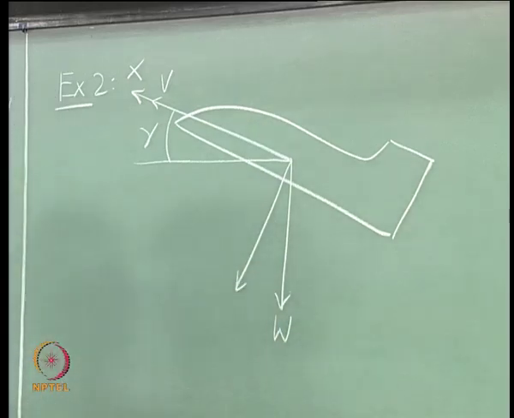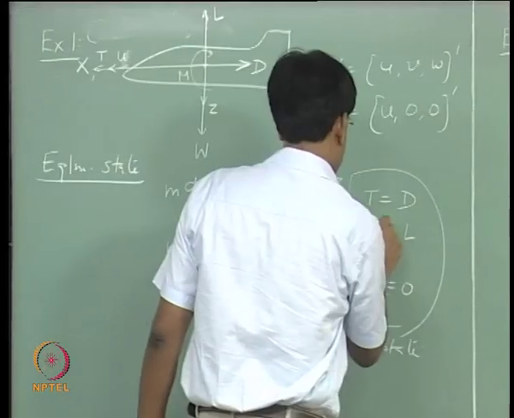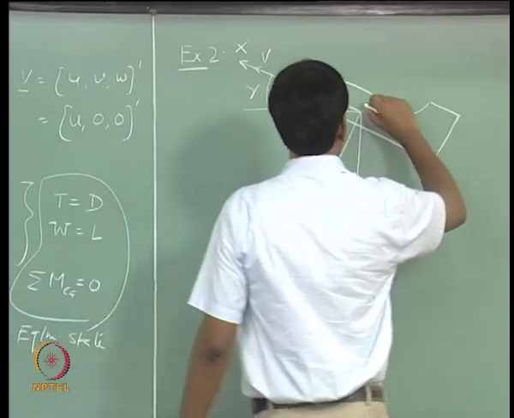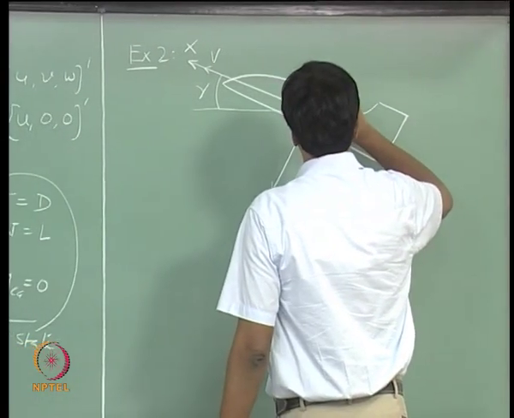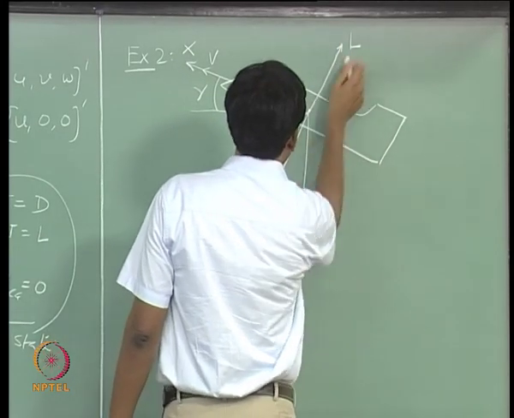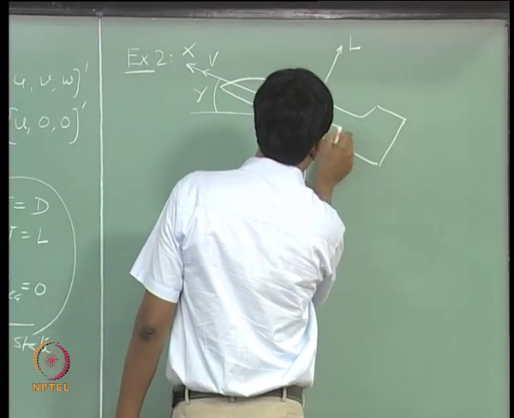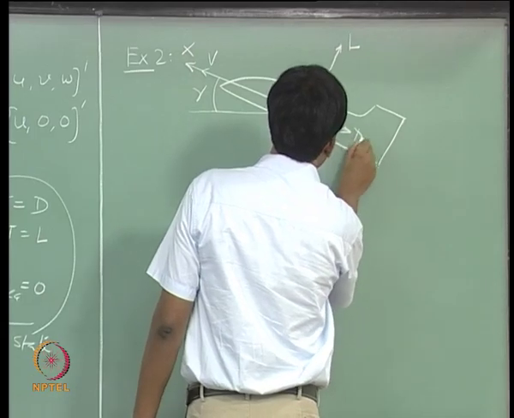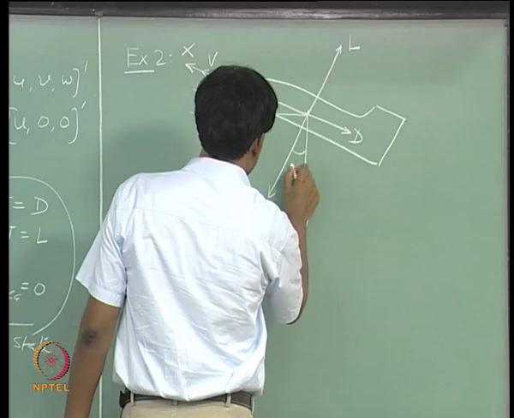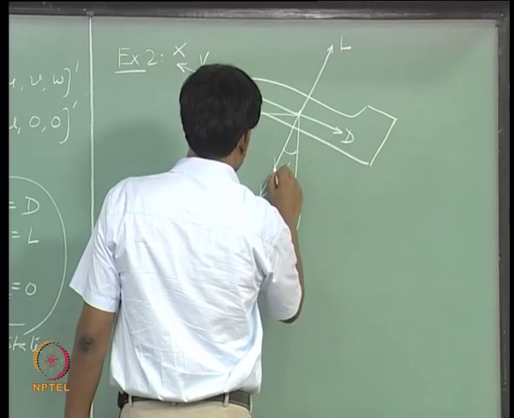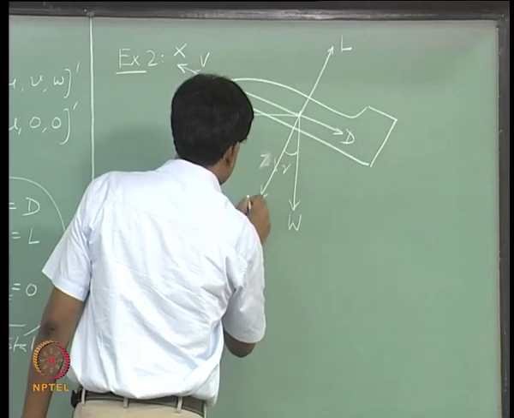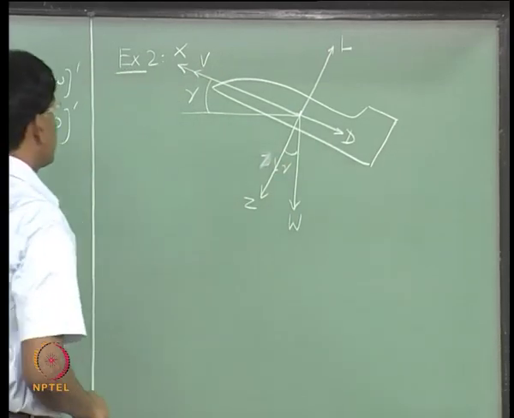This W is the weight of the aircraft. L is the lift. Drag is acting against the forward motion. So, this is the Z axis.